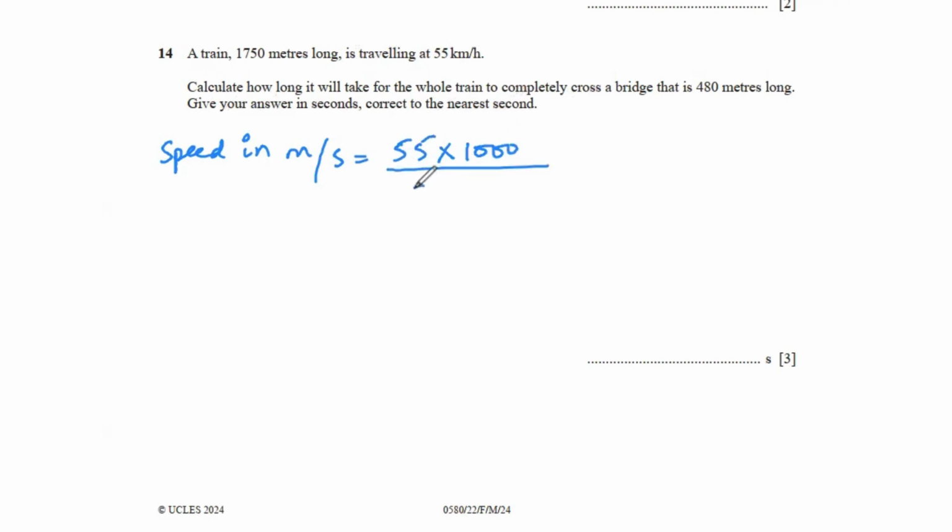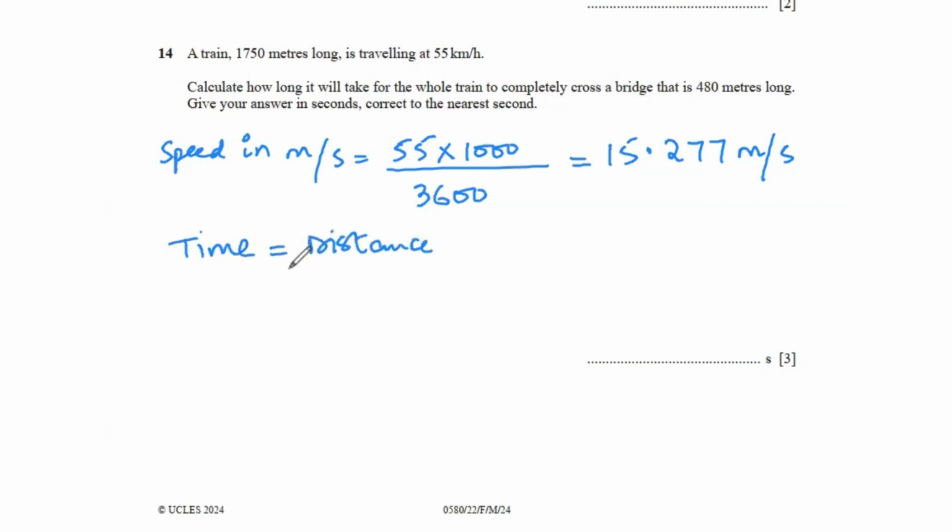And then we divide it by 3600. So that's going to give us 15.277 meters per second. Now, time is basically distance over speed.